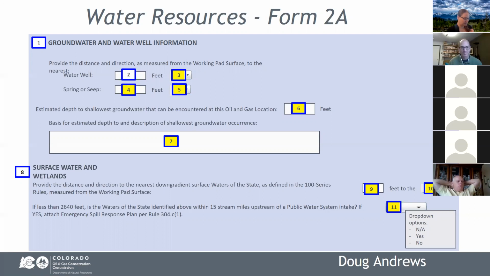So to determine that, the primary way, short of literally drilling a monitoring well on your location and figuring out where it is, is to use some existing water well data that's out there. As you're well aware, we have a water wells layer on our COGCC map tool that is a data source that we have taken from the Division of Water Resources.